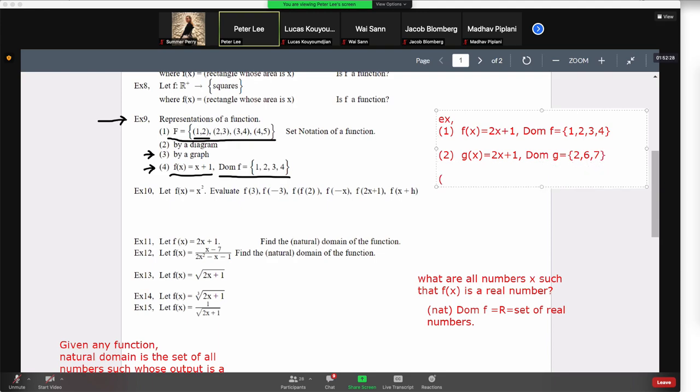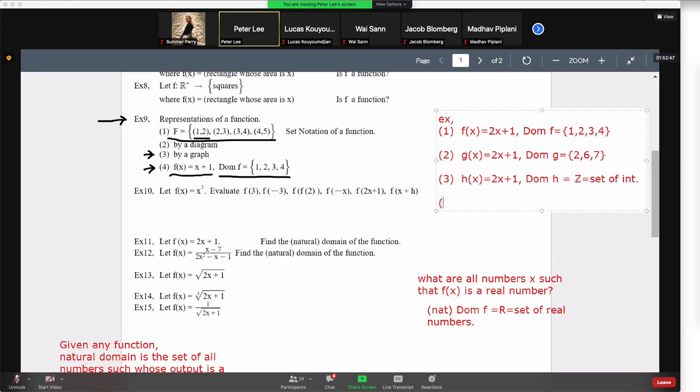How about number 3? h of x is equal to 2x plus 1, where dom h is equal to Z. Z is the set of integers.